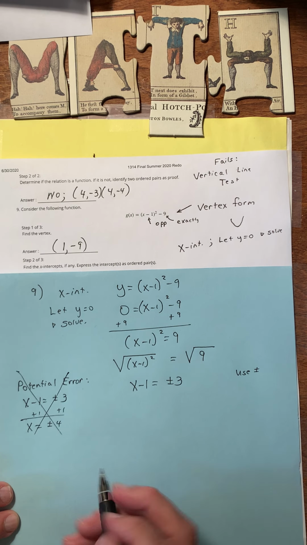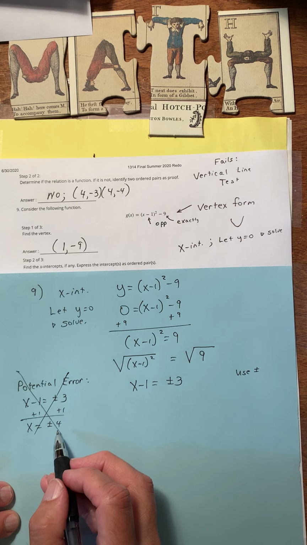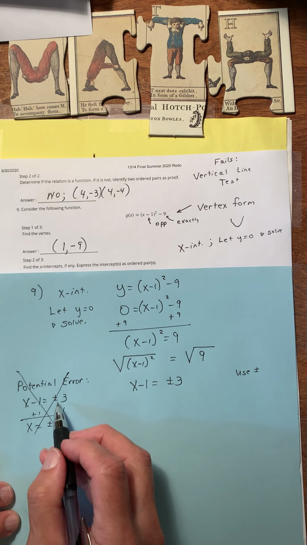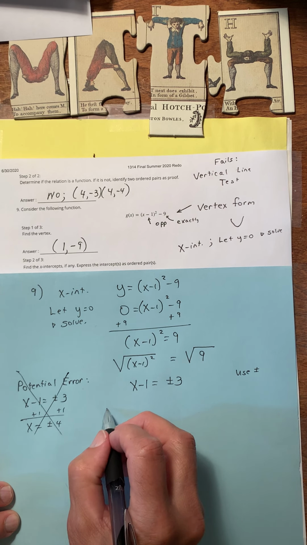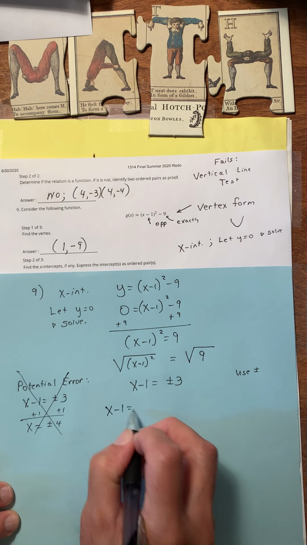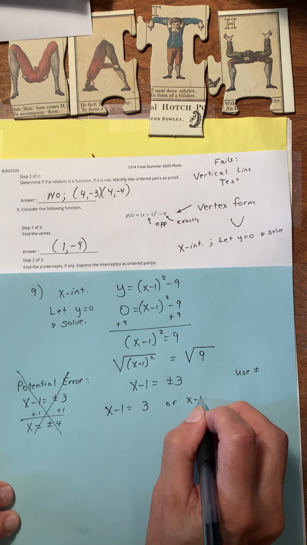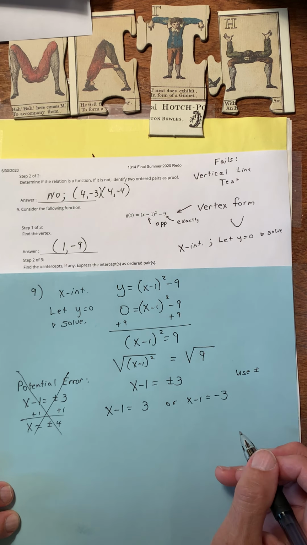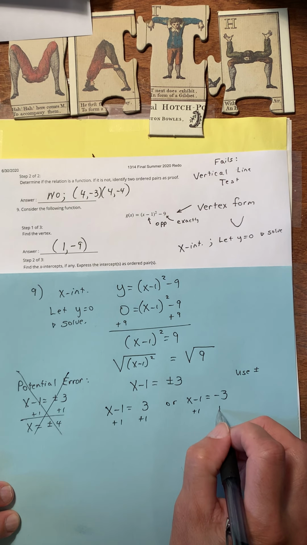No, no, no. I have to think of this as two. Bottom line is I cannot add to a plus or minus. I have to add to them individually. So I have to think of this as x minus 1 equals 3, or x minus 1 equals negative 3. Now I'm ready to add 1 to both sides.